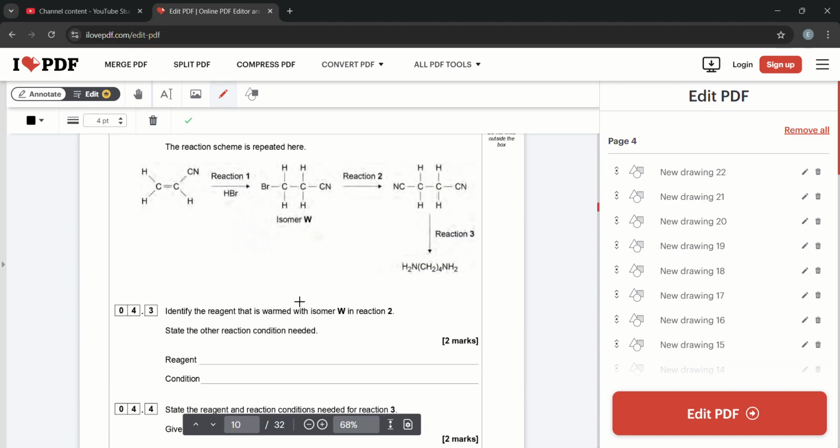And then 4.3, identify the reagent that was warmed with the isomer W in reaction 2. Reaction 2, so what are we going from? We're going from BrCN to NCCN. It's going to be KCN. And the other reaction condition, aqueous and ethanol.